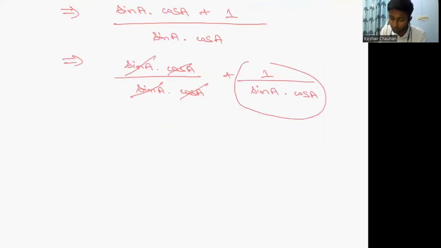So it would become 1 plus cosec A into sec A. This is the solved RHS.